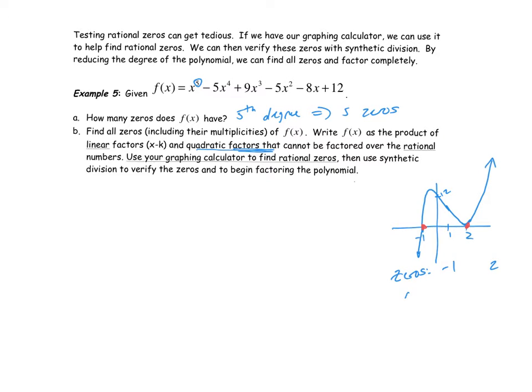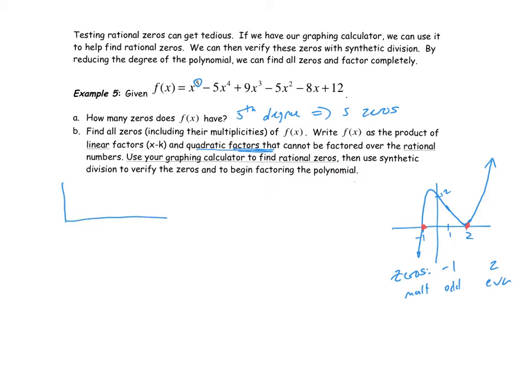The multiplicity of the zero at -1 is odd because the graph crosses the x-axis when x is -1, and the multiplicity of the zero at x equals 2 is even because the graph bounces off the x-axis there. So we have even multiplicity when x is 2. We're going to use this information rather than the rational zeros test in order to start factoring this polynomial.